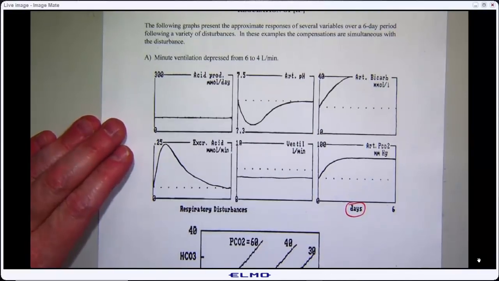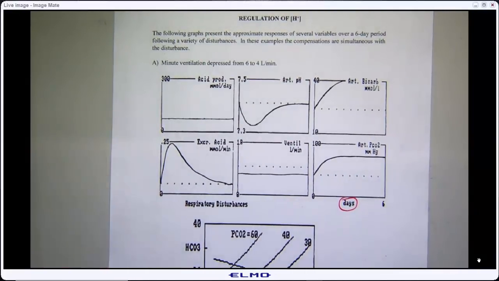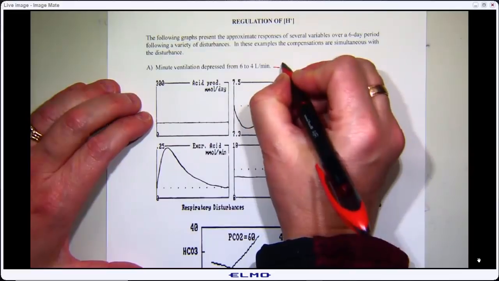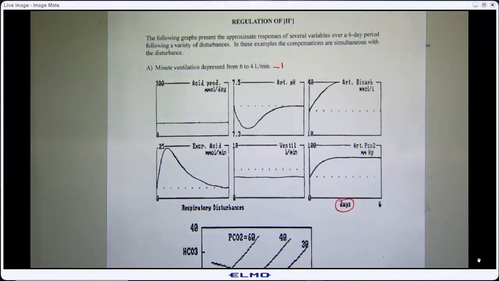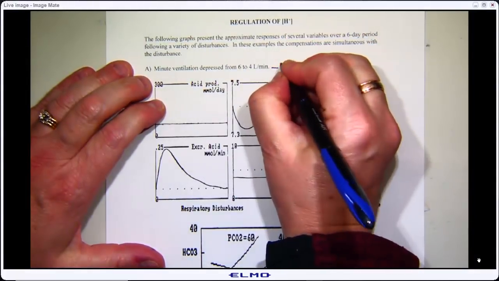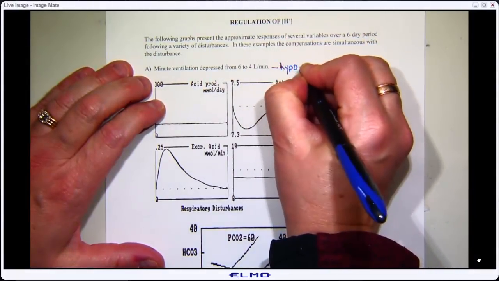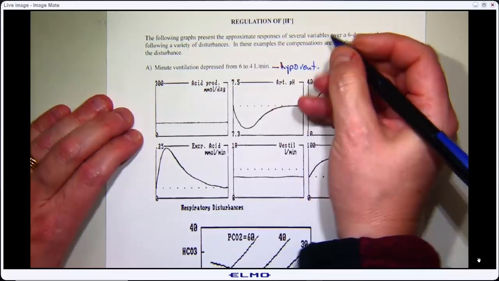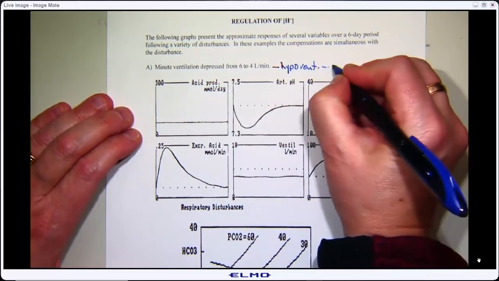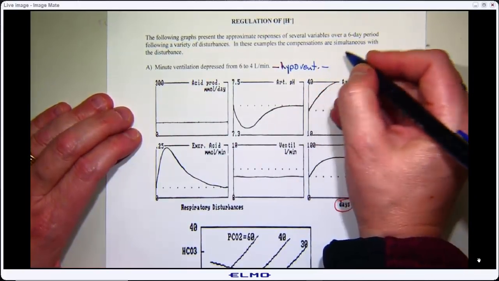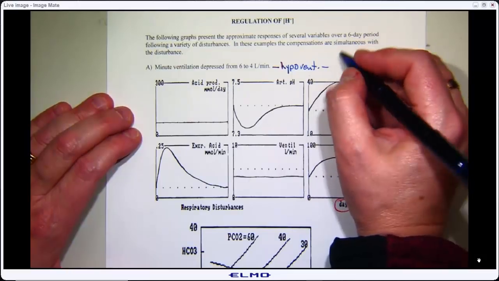All right, so let's go over an example you're familiar with, so you've got some translatable information from what you've already done to what we're going to do now. Let's go through hypoventilation, not enough ventilation.